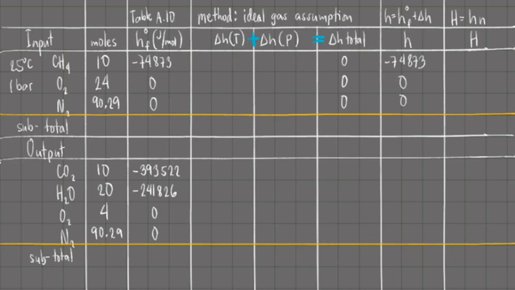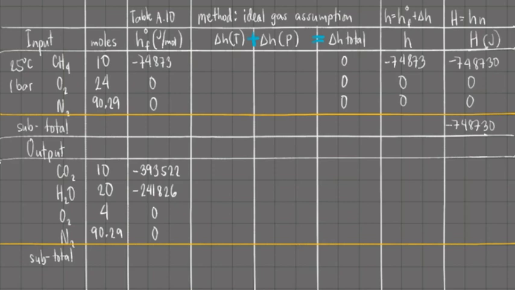This is obtained by simply multiplying the specific enthalpy H with the number of moles that we have earlier determined from the material balance. Okay, multiplying, this becomes negative 748,730. It's still 0 for oxygen and nitrogen. We have a subtotal for the reactants of negative 748,730. This is in joules.